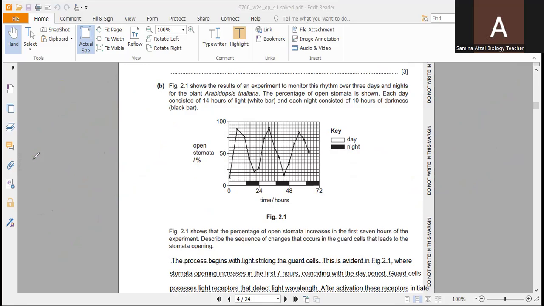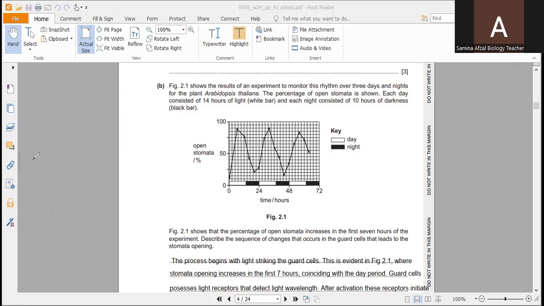Each day consisted of 14 hours of light, shown by the white bar, and each night has 10 hours of darkness, shown by the black bar.